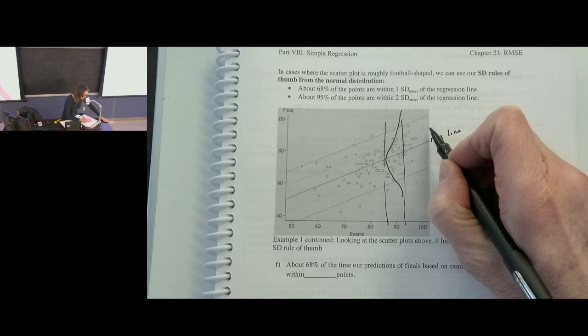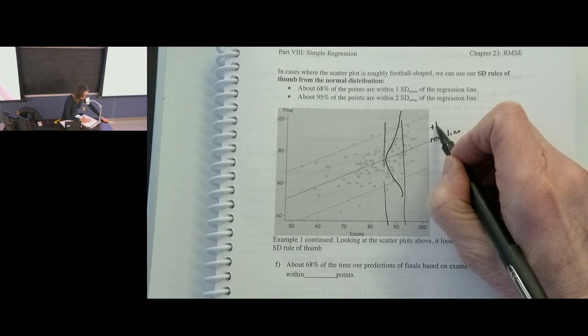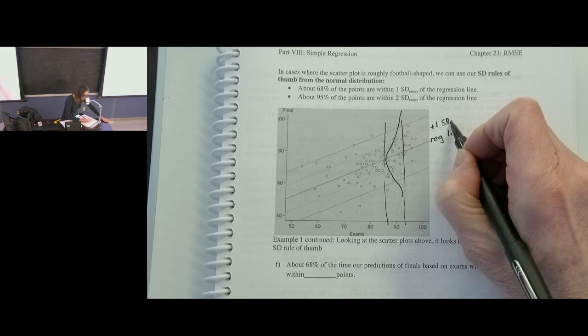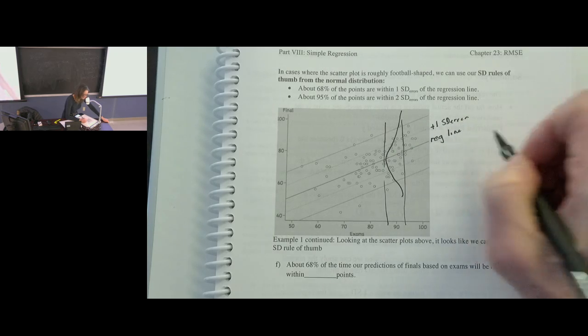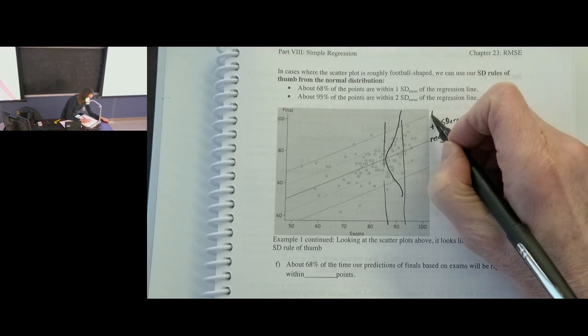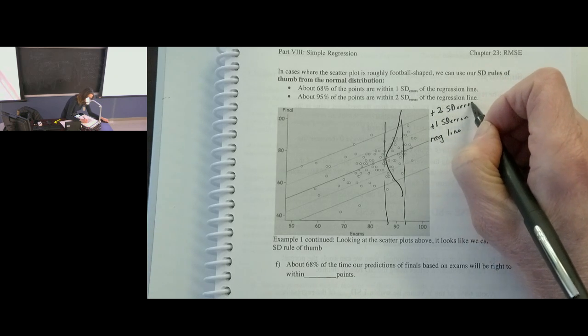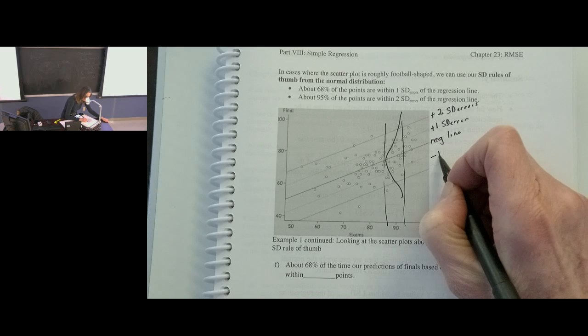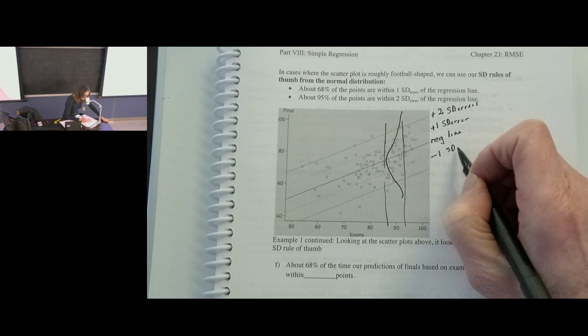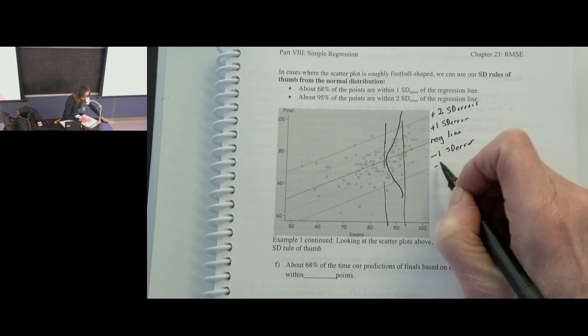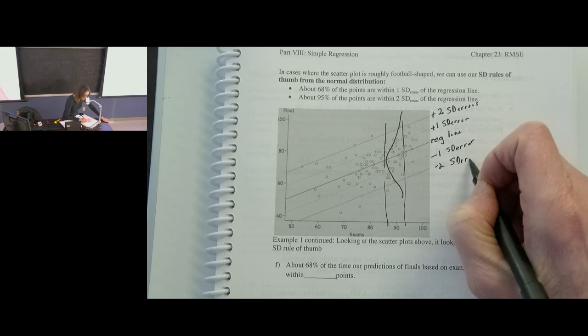And right here is plus 1 standard deviation of the errors. And this is plus 2 standard deviations of the errors above it. This is minus 1 standard deviation of the errors. This is minus 2 standard deviations of the errors.